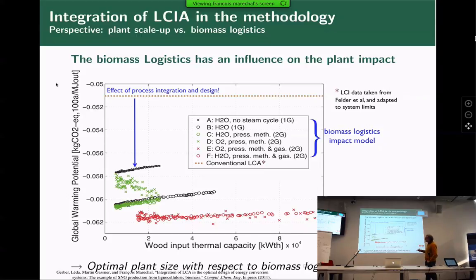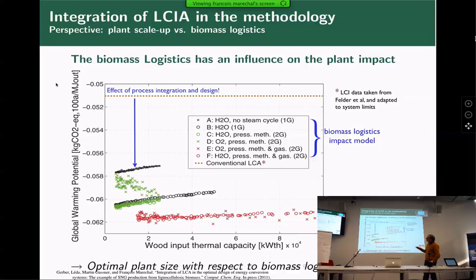There is one exception, this one here, which is an oxygen-blown pressurized gasification, where the size is going in the reverse direction. And for your information, this is the benefit of doing the process design in an optimal way.